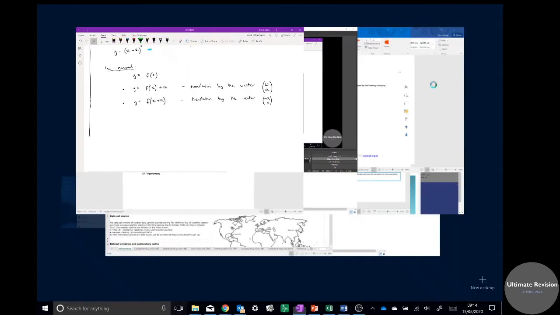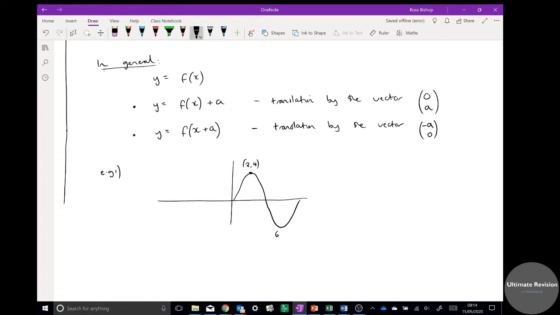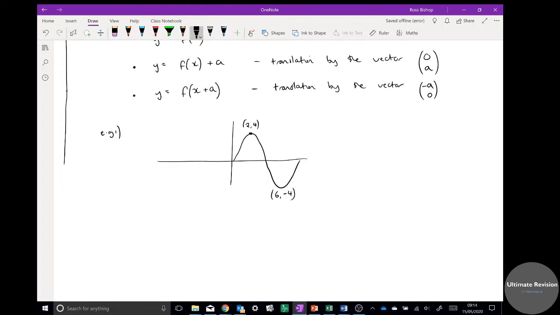Right, I'm just going to do a quick example on that. Example 1. If I had a graph that looks like anything you want, I'm just going to put that coordinate in there as 2, 4. And this one is maybe 6, minus 4. Let's say this is y equals f(x).